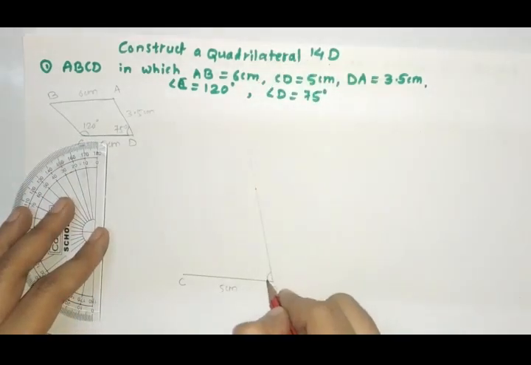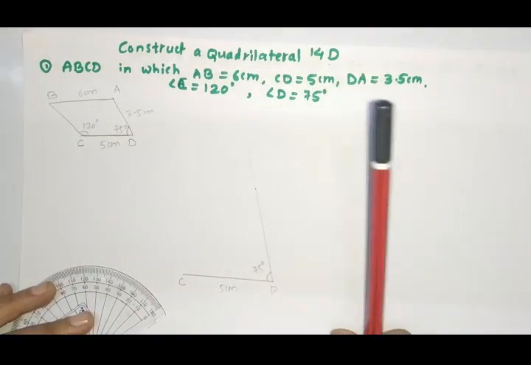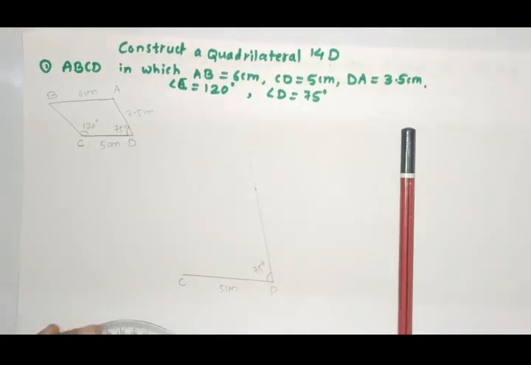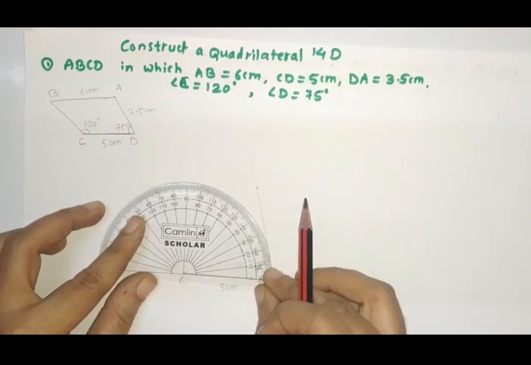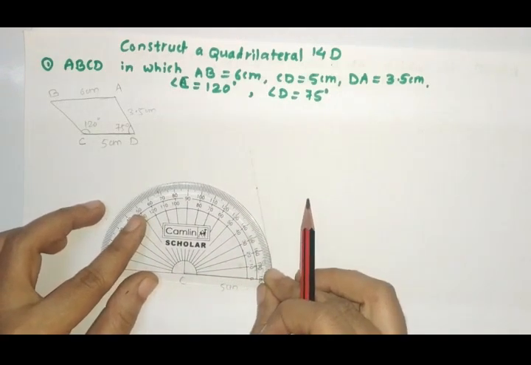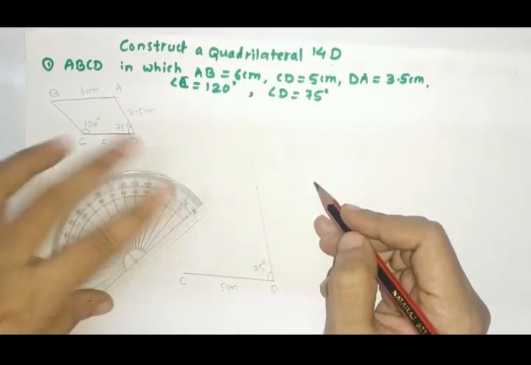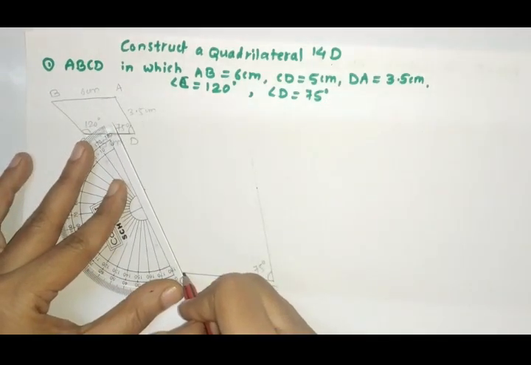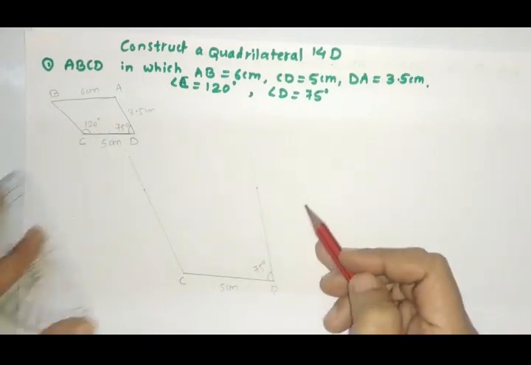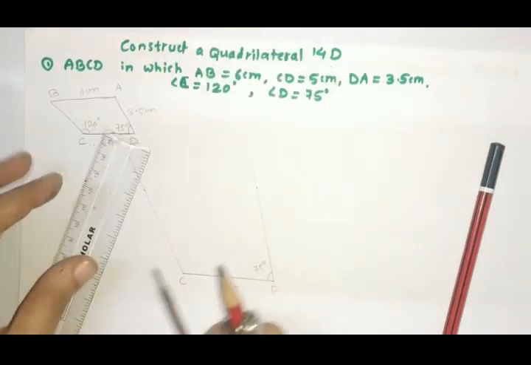At D it is 75, and at C also you need to get 120. So 120 you can draw with a protractor here, or otherwise with the rounder. So take 120 degree. Now it is coming somewhere here. So now the D to A distance is 3.5 centimeters.